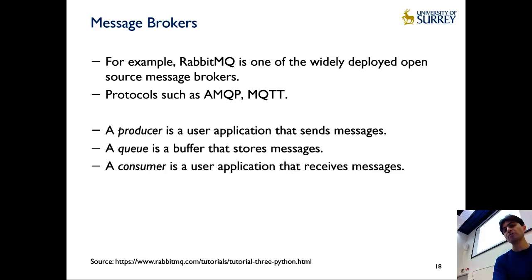And a consumer will use this information from the queue. This is your consumer, this is your producer, this is your software system, this is your queue. Let's call it Q1, and this is your second.